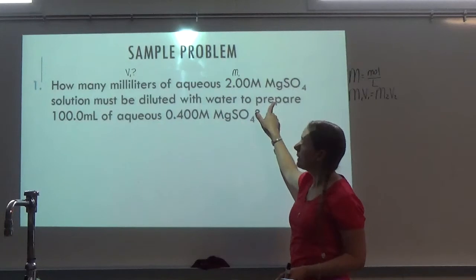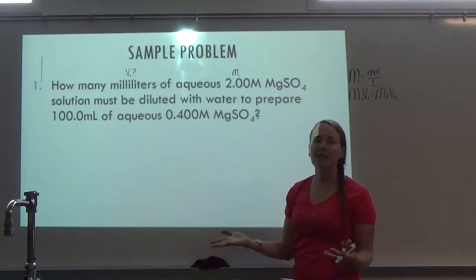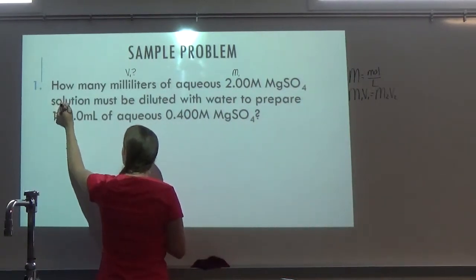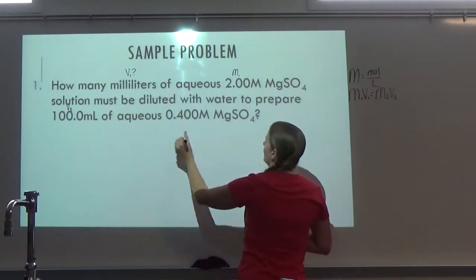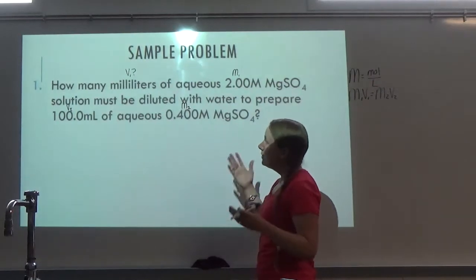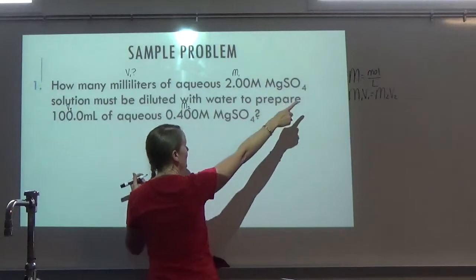Once it says you're preparing something, what you prepare is the 2. Like those are the second or the final amounts. All right, so to prepare 100 milliliters, so there's my second volume, of aqueous 0.4 molar magnesium sulfate. And so there's my second molarity. All right, so milliliters, like I said, is fine to use in this formula, not in the top one.